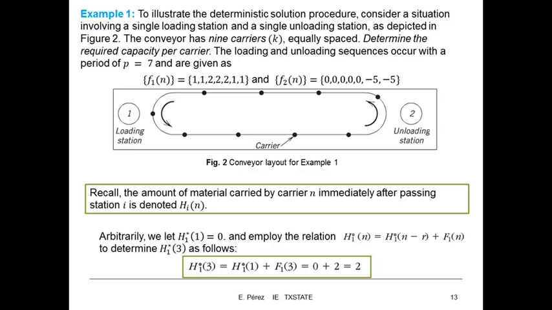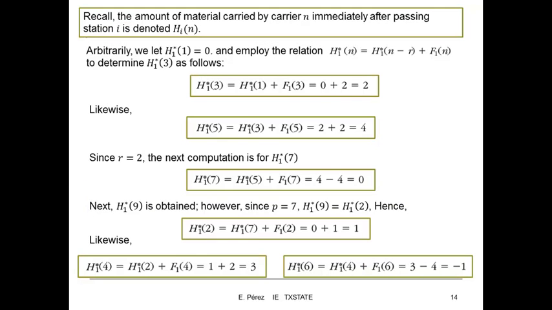The value of R is 2. So basically what you do is you add 2 to the value of the first carrier that you're considering, and that's why you have 3, which is 1 plus 2 is 3. And then you continue that process by adding 2 to the next car that you're going to consider, until you get to the point in which you have to start repeating the process because the period is already completed.